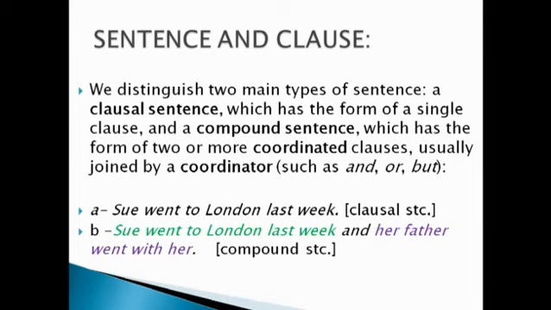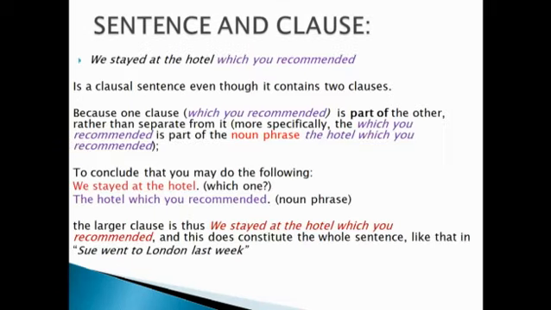We have only one verb, one action, and there is no coordination. Now when I say Sue went to London last week and her father went with her, here we have a compound sentence, composed of two clauses and joined together by the coordinator and.